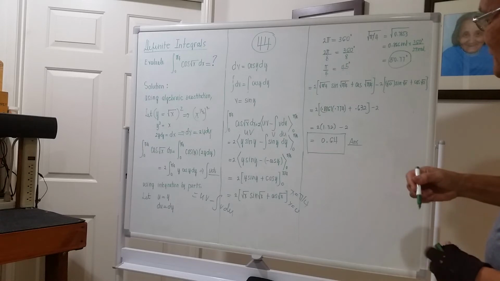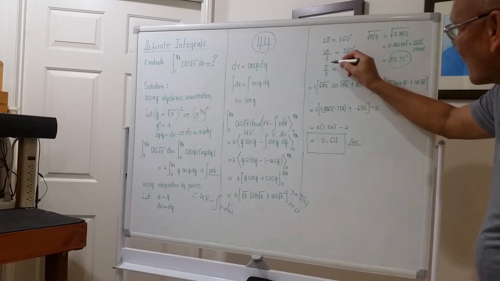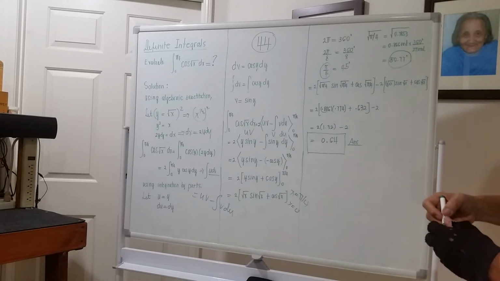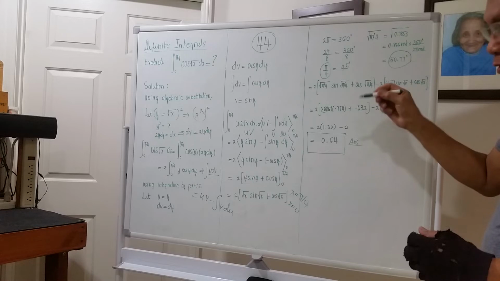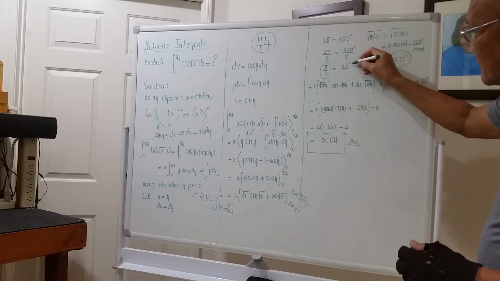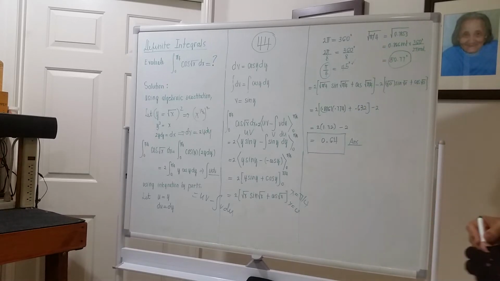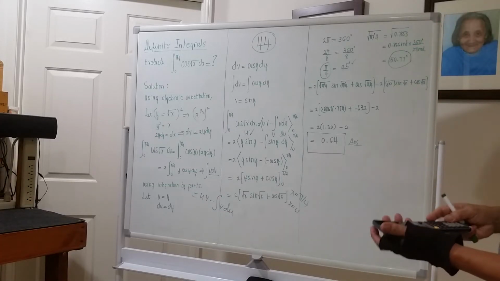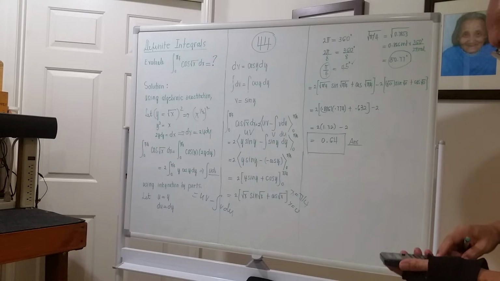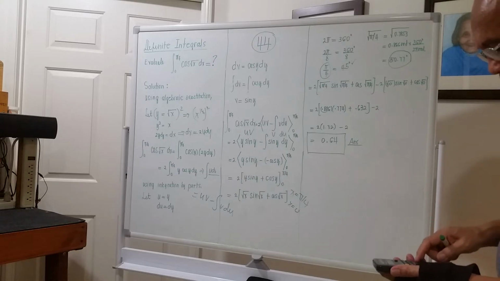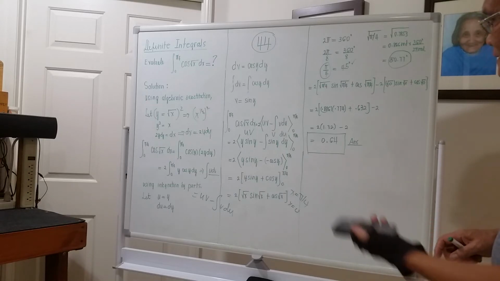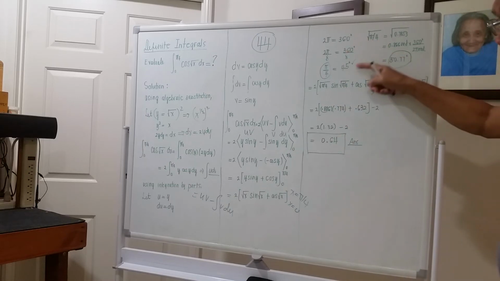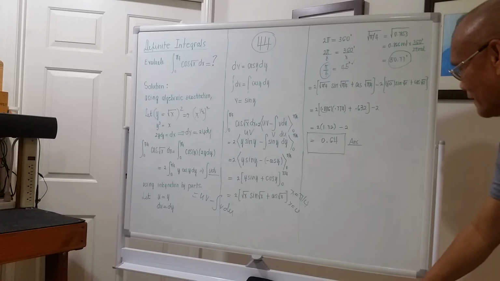Because I want to get the value of pi over 4, because our upper limit is pi over 4. And I want to get the equivalent of that in terms of degrees, and that is actually 45 degrees. Is it correct? 45 times 8, yeah, 360. We divide 360 by 8, that will be 45 degrees.